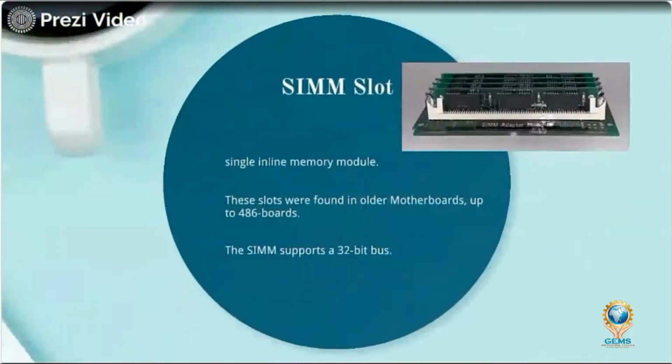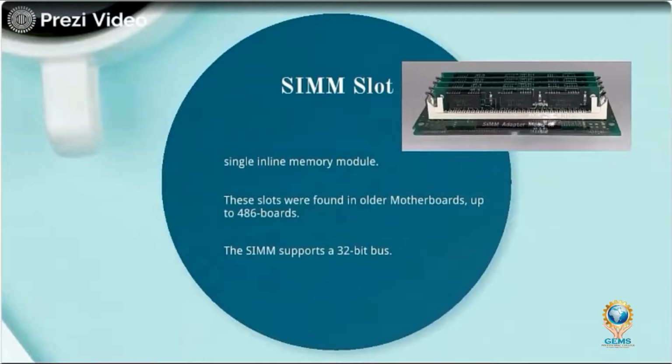Next is SIMM, that is Single Inline Memory Module. These slots were found in older motherboards up to 486 boards. A SIMM is a type of memory module containing random access memory used in computers from the early 1980s to the late 1990s.